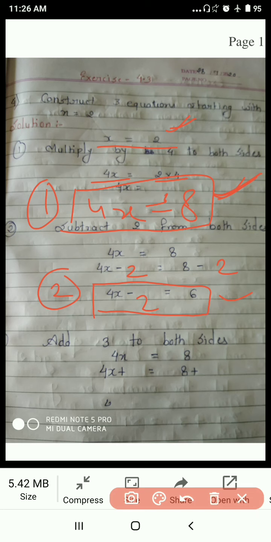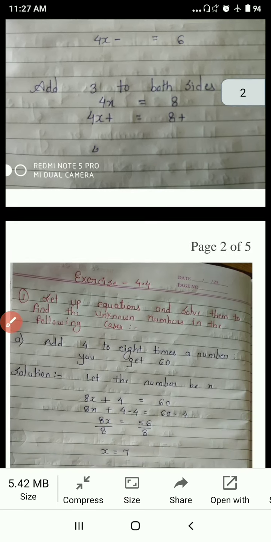I have taken this one, 4x equal to 8. So add 3: 4x plus 3, 8 plus 3. Then what will you get? 4x plus 3 equal to 8 plus 3, 11. Understood? Now move on to the next question.